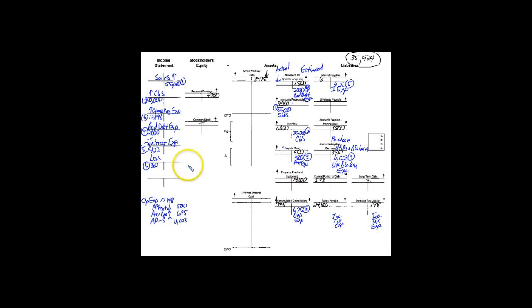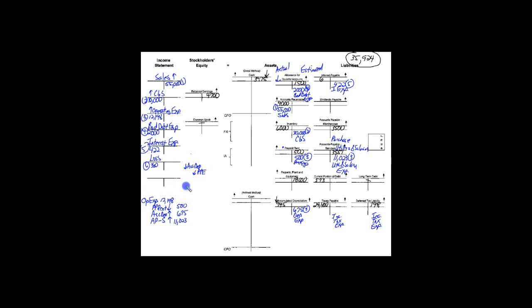So normally that transaction would include a debit to accumulated depreciation to reduce it, and a credit to property, plant, and equipment to remove cost. So we remove book value.